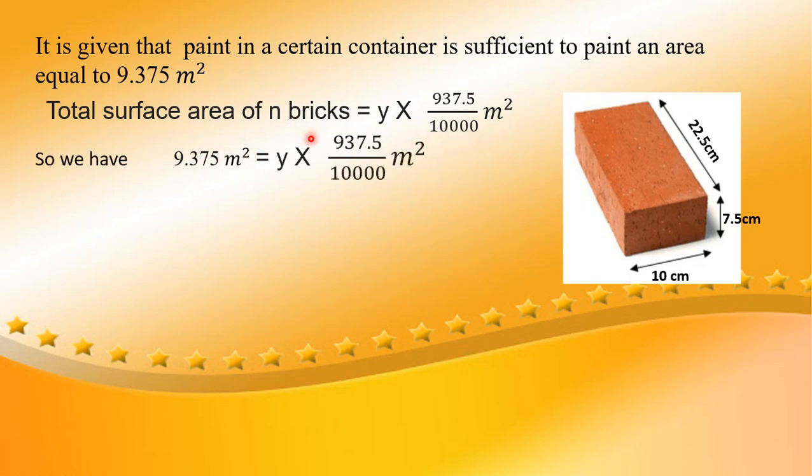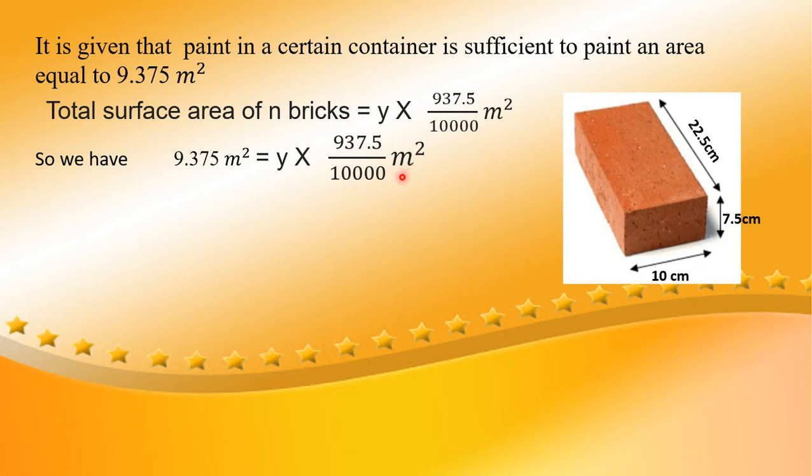So both the areas are the same. This is the area which can be painted by the same container, and this is also the area which can be painted by the same container. So these two areas are the same, so we can equate them as 9.375 meters square is equal to Y into 937.5 upon 10,000 meters square.